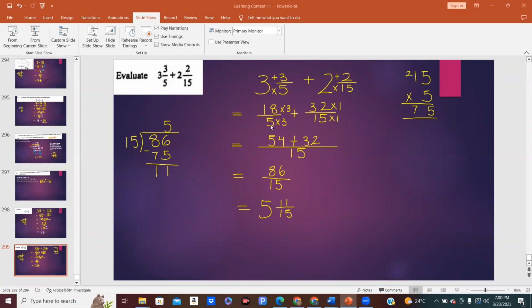So I ask, what times 5 gives me 15? It's going to be 3, right? So since it's 5 times 3 at the bottom, whatever I do at the bottom, I must do to the top. That's why I use 3. Does that make sense? Yes, sir. Okay.